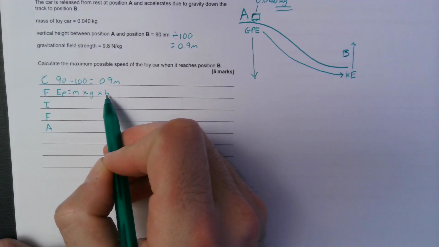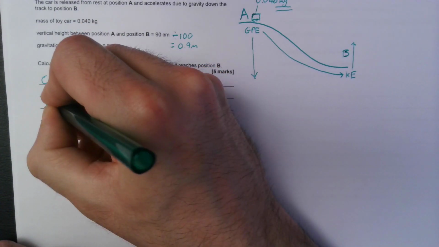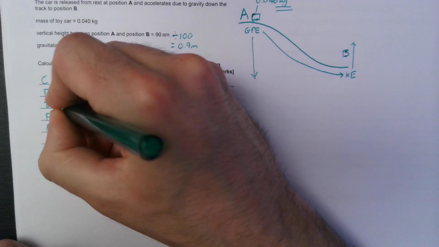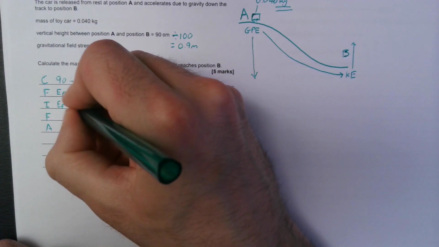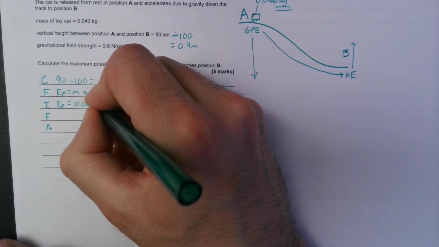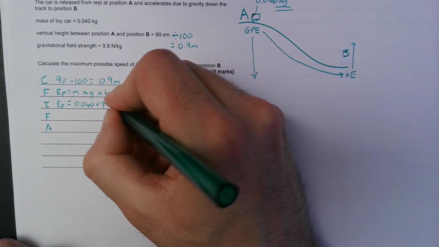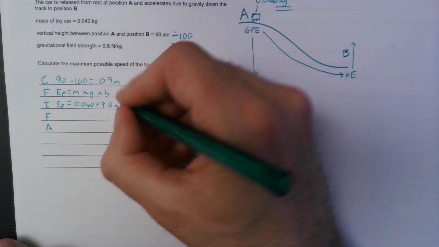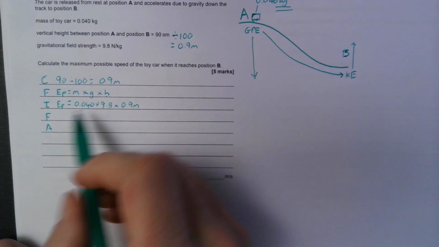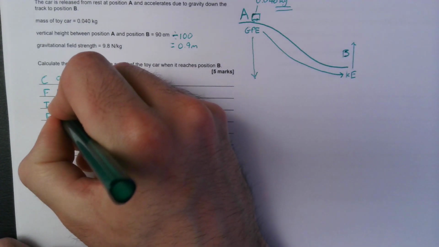Now, what we're going to do is replace the letters with numbers. We don't know the gravitational potential energy, so we're going to leave that, but we do know the mass is 0.040, and we know the gravitational field strength is 9.8, and we know that the height is 0.9 meters. Okay, so we can actually work out our gravitational potential energy. We don't even need to rearrange.